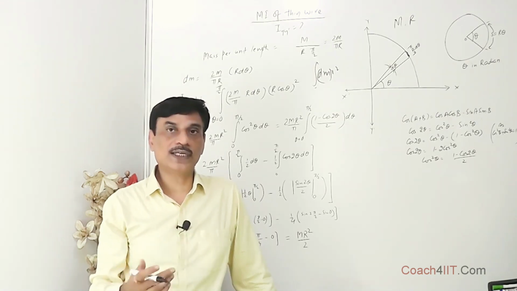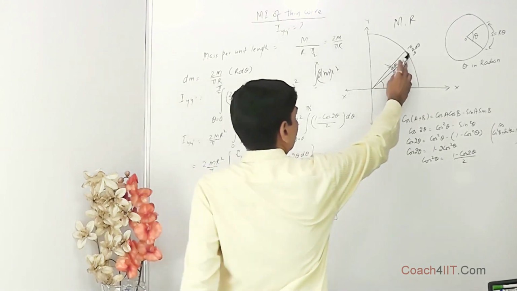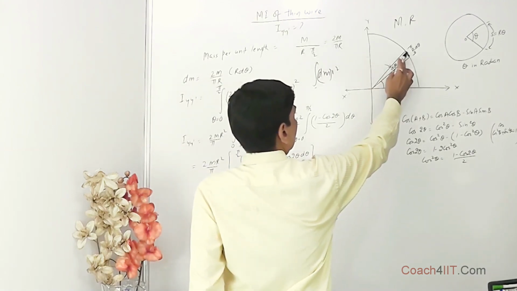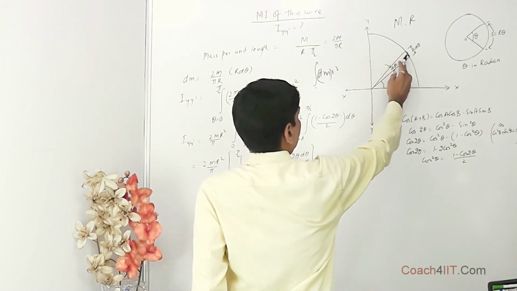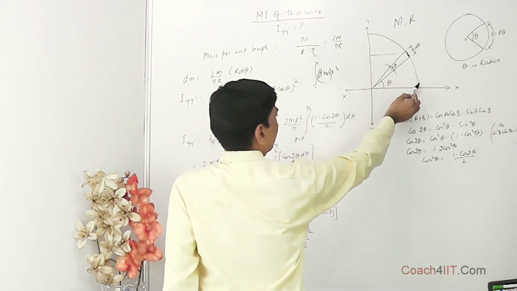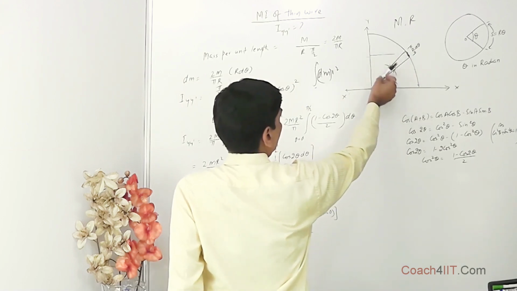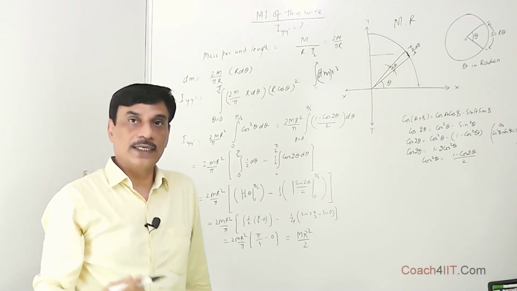That is what we shall do here. Theta goes from 0 to pi by 2 radians, and we integrate accordingly.